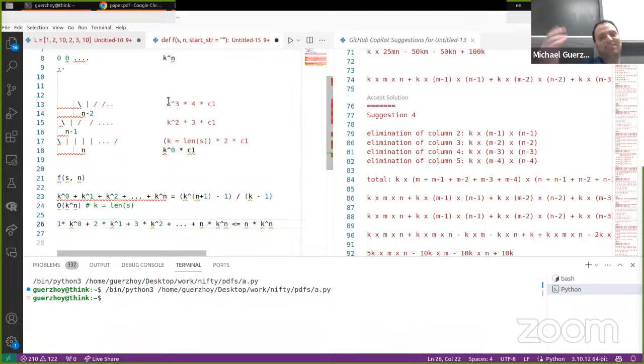Yeah, that's actually a good point. Yeah, thank you. So just like a factor of n here, and you're right, it's not negligible.